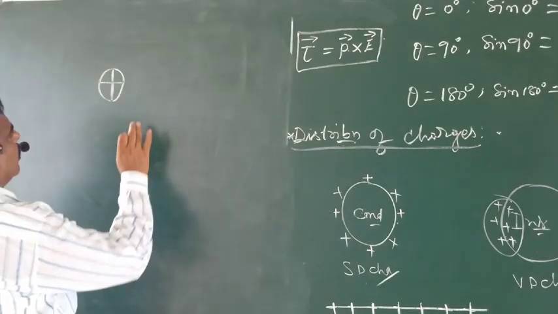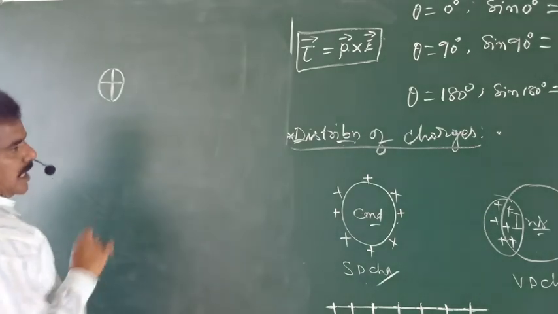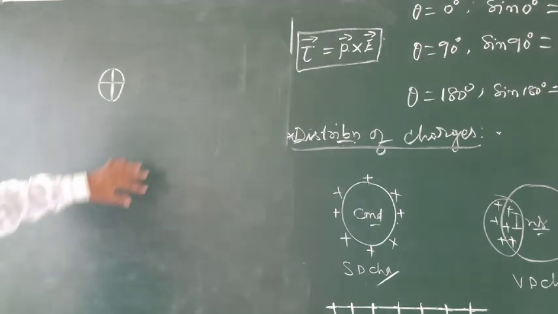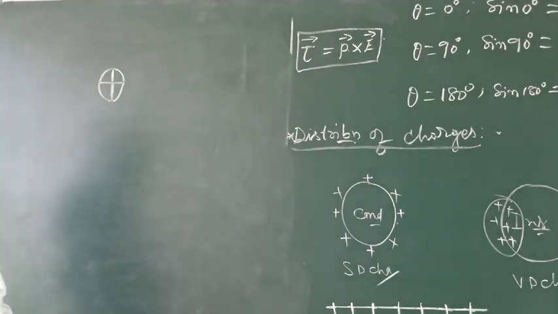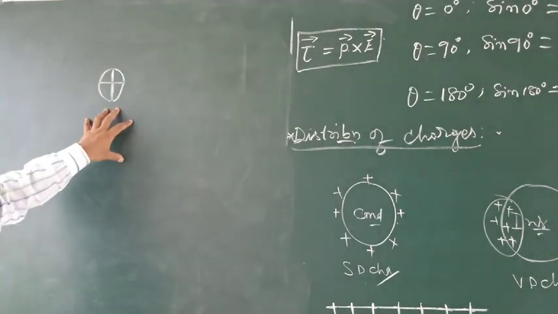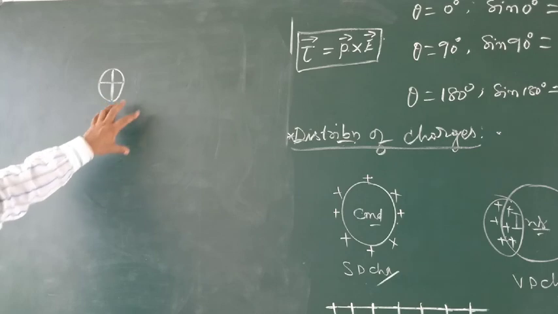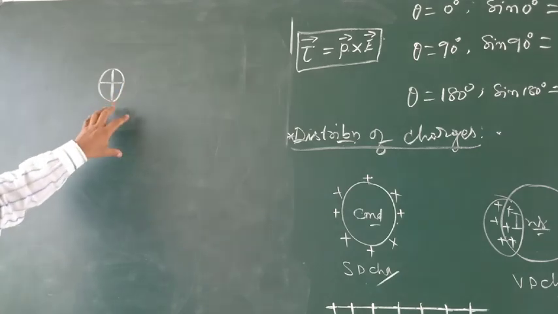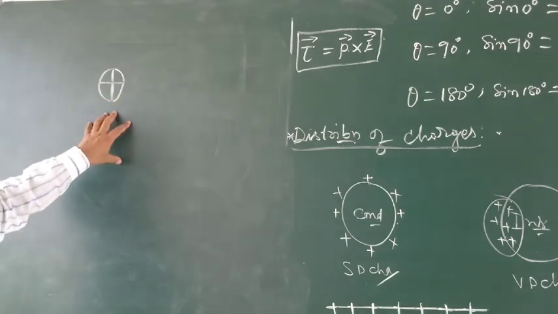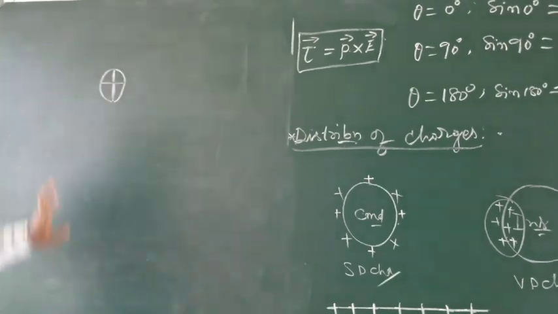Now, how to represent the electric field, how to communicate the presence of an electric field, is difficult to say. The first person who thought about field lines is Michael Faraday. Faraday introduced the concept of electric field lines.